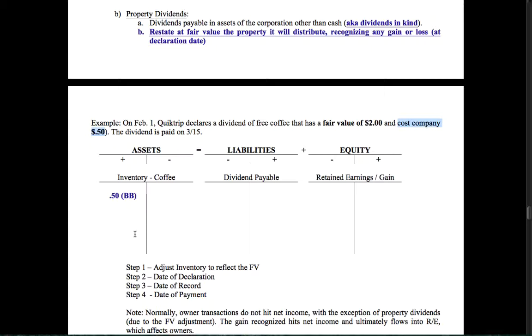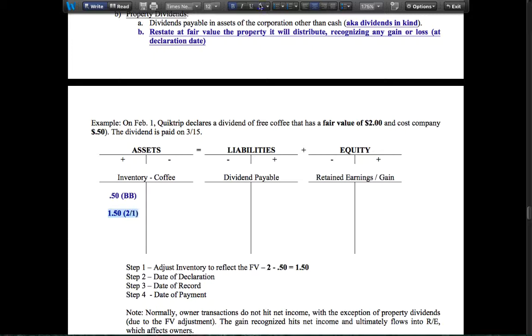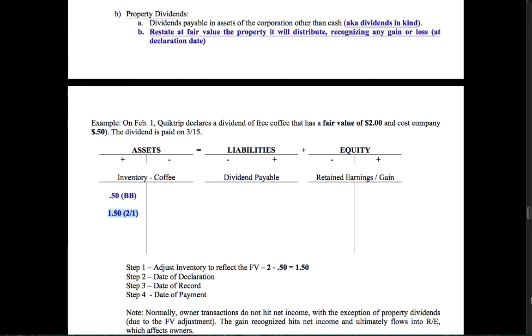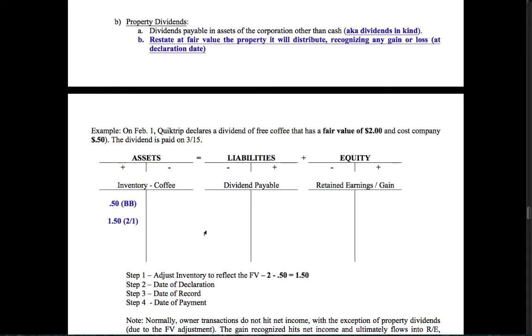So first we need to adjust the book value of the inventory. We know the fair value is $2 and it cost the company 50 cents. So we know that we need to adjust inventory by $1.50. Therefore, we need to add the $1.50 to inventory, and that occurs on 2/1, which is the date of declaration.